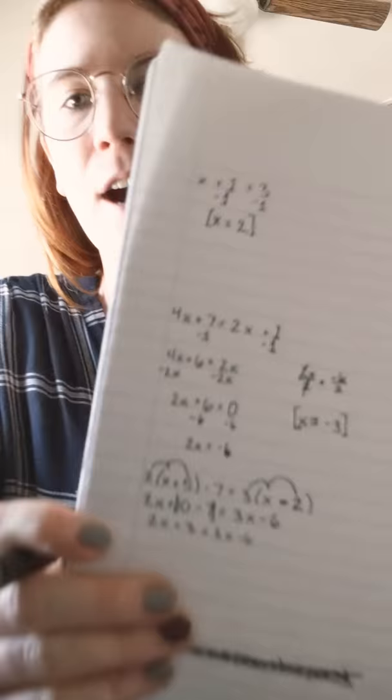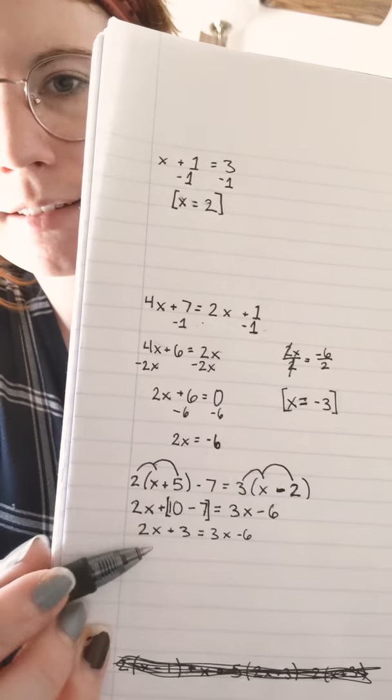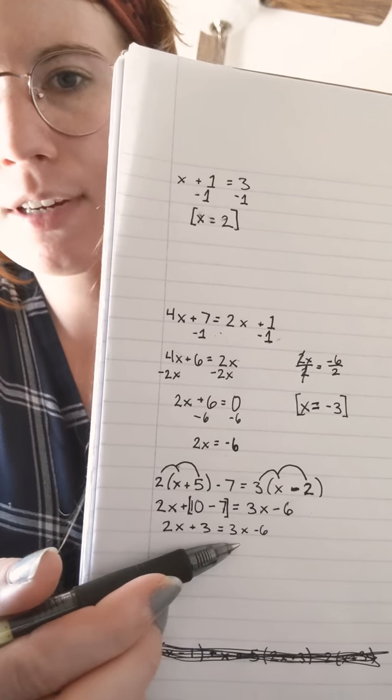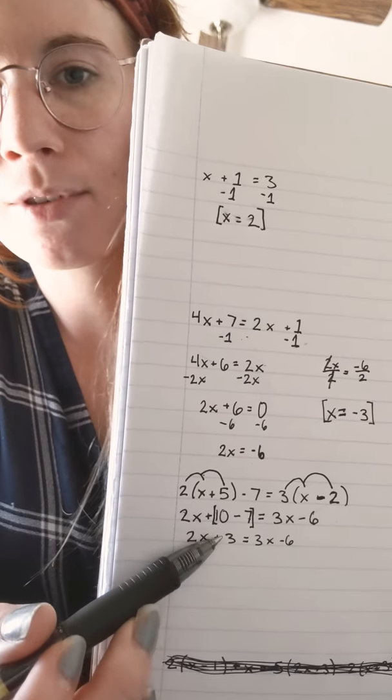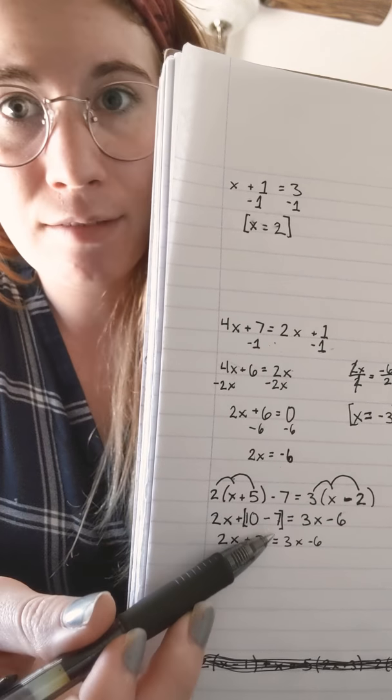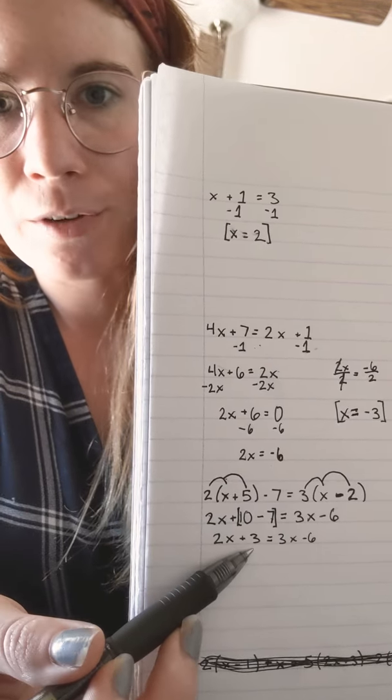So we're going to do plus 3 to show that we solved that problem. And then on the right side, we will go ahead and leave 3x minus 6. So we should be here now where we have 2x plus 3 equals 3x minus 6 because we subtracted 7 from 10. 10 minus 7 is 3. So that carries down to here.